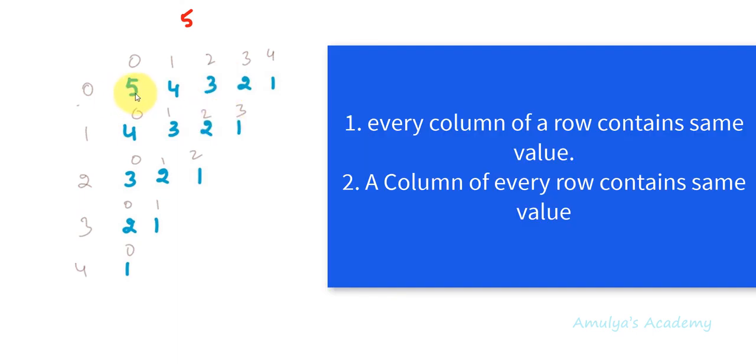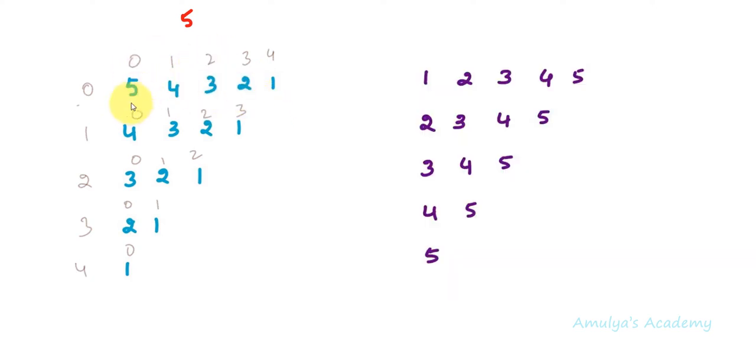Either every column of a row should contain the same number, or a single column of every row should contain the same number. Here I'll do the second one, that is I'll change the index of the column. Here we can see 5 index is 0. Here index of 4 is 1, index of 3 is 2, index of 2 is 3, index of 1 is 4, right? So now I'll reverse this.